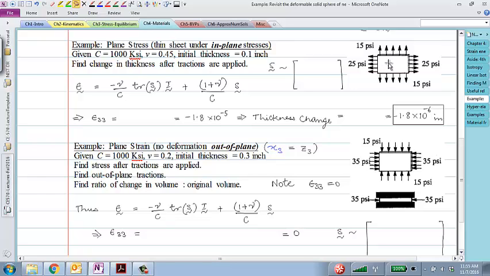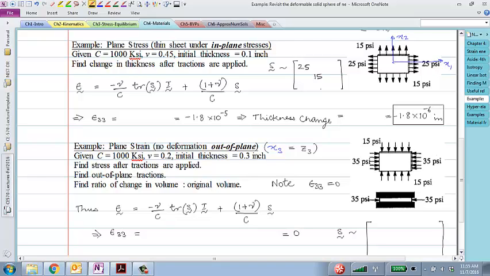Right, so definitely, since we are given boundary tractions, we can set up a stress tensor. And the boundary tractions, if I assume my axes to be along this direction, so let's say this is x1, x2, then my stress tensor in the 1, 1 direction would be 25, in the 2, 2 direction would be 15, in the 3, 3 direction, what would the stress in the 3, 3 direction be? 0.